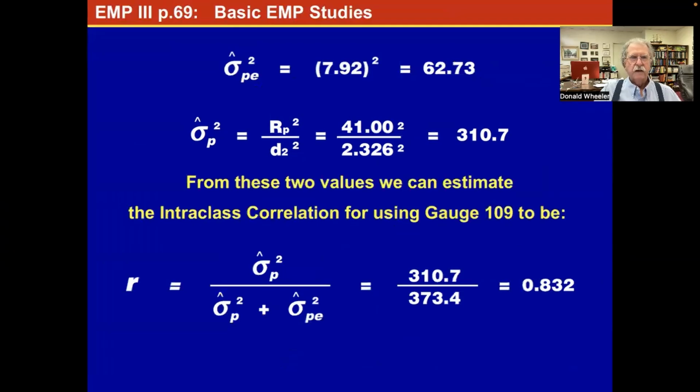310.7. So sigma PE hat squared, 62.7. Sigma P hat squared, 310.7.